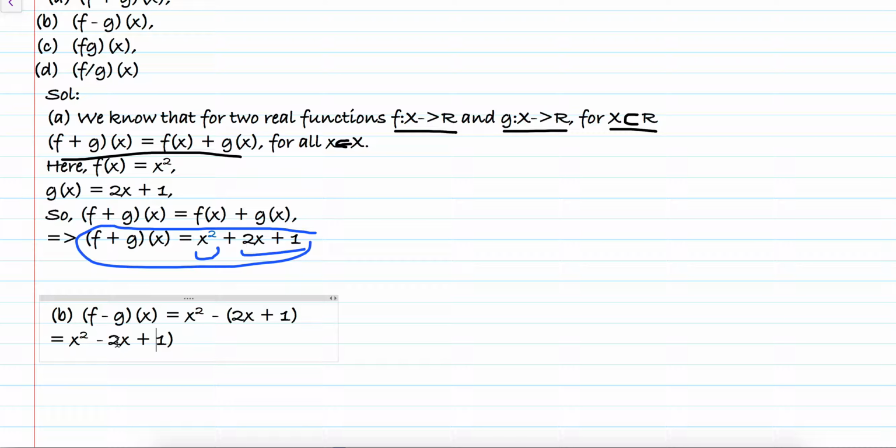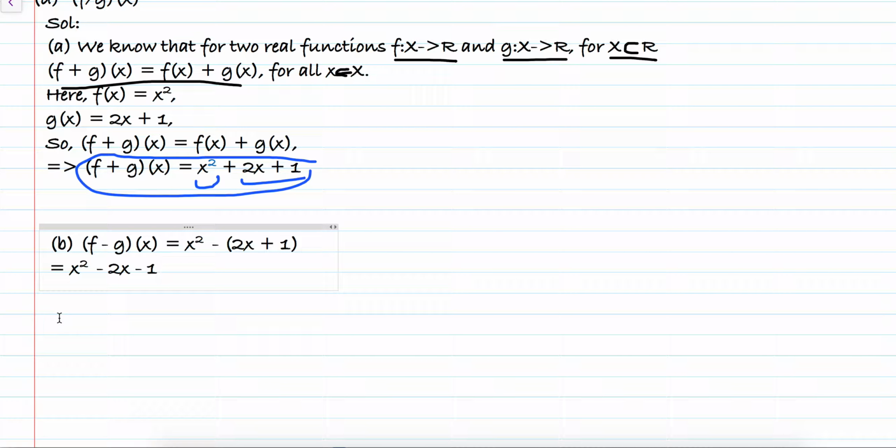So this will become minus and this will also become minus. So this will be our final answer for f minus g.